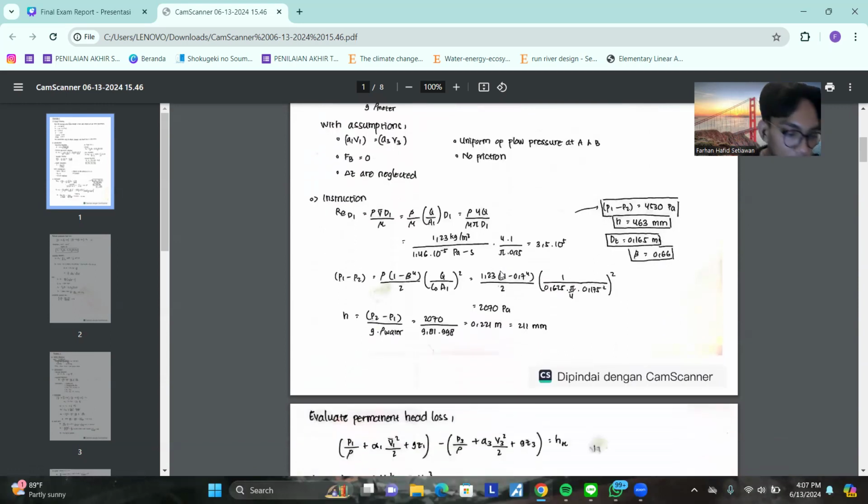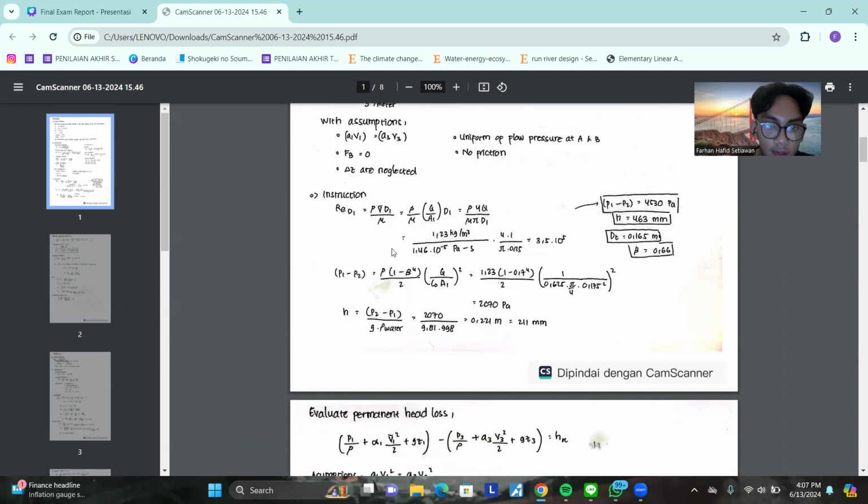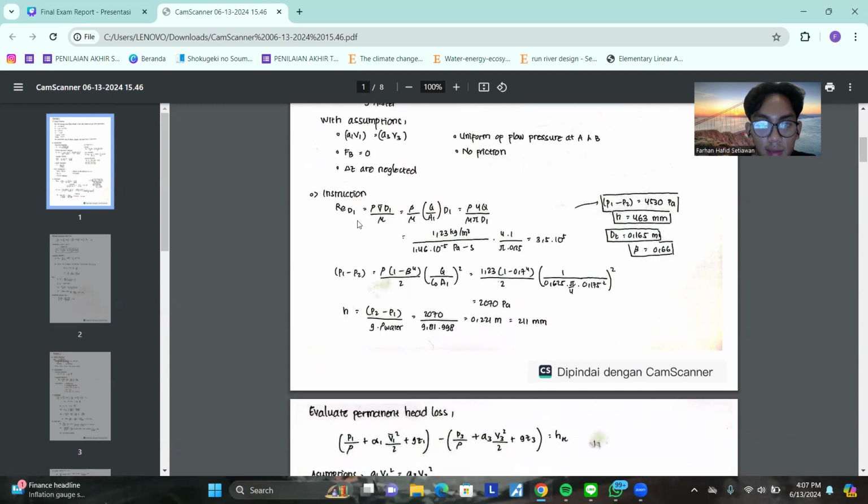For the instruction, first, we have the standard air density and air viscosity. We can get the Reynolds number by Re_D1 equals rho V D1 per mu, and we get a simplified equation: Re_D1 equals rho times 4Q per mu times pi times D1.